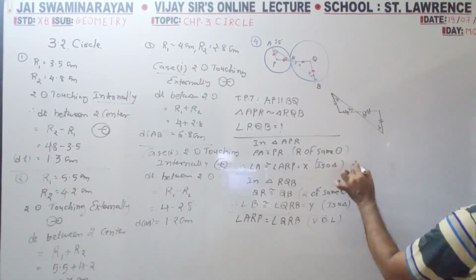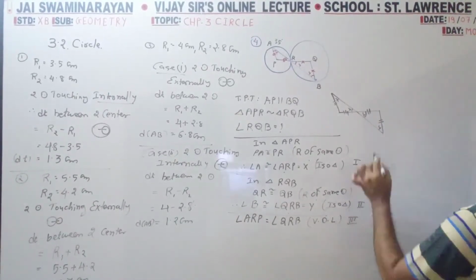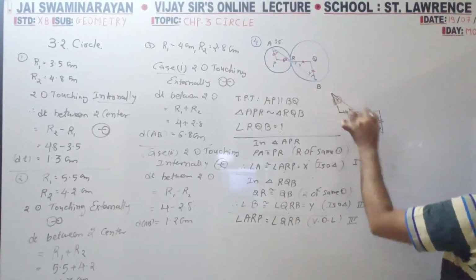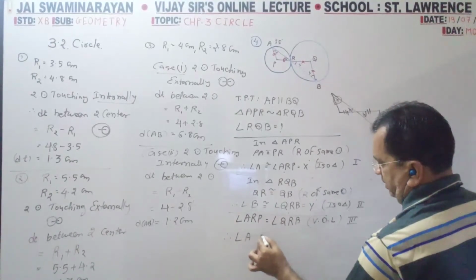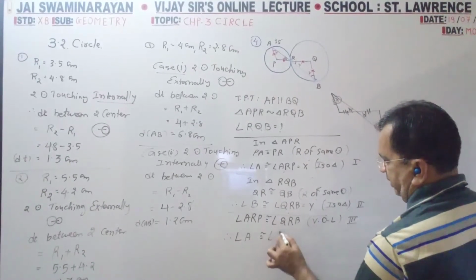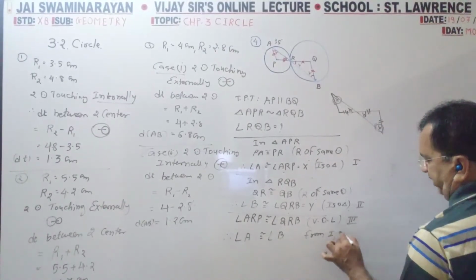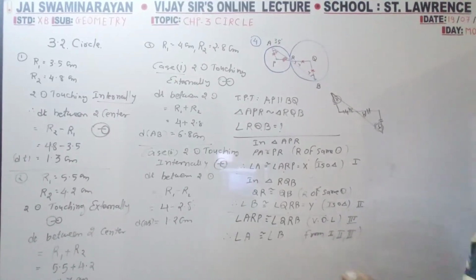So this is first pair, this is second pair, this is third pair. XX, YY, if X and Y are equal, so these X and Y are also equal. Therefore, angle A congruent angle B, from first pair, second pair, third pair.